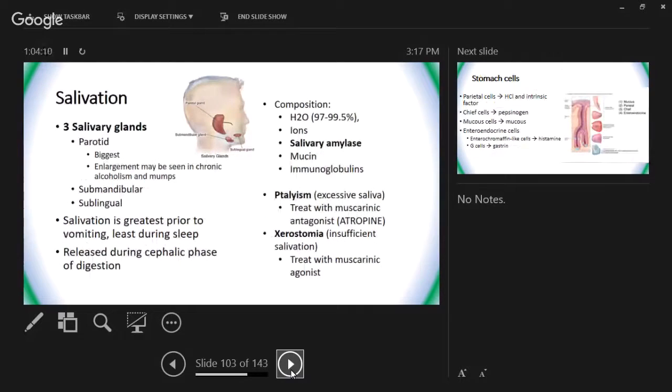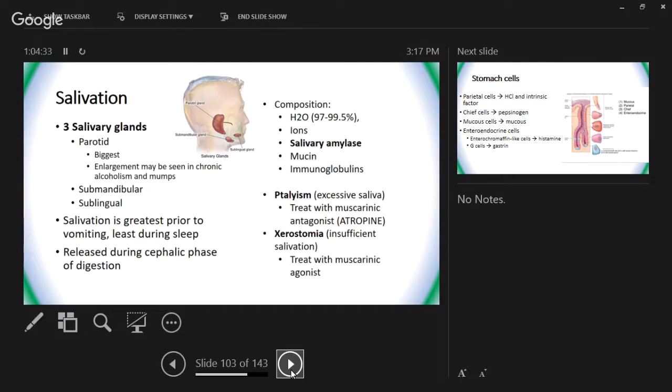All right. So, salivation. Things to know: parotid gland is the biggest, and in clinical skills you might see that enlarged in someone who's a chronic alcoholic. Other ones are submandibular and sublingual. Salivation, know when it's increased, know when it's decreased. It's also released during the cephalic phase of digestion.